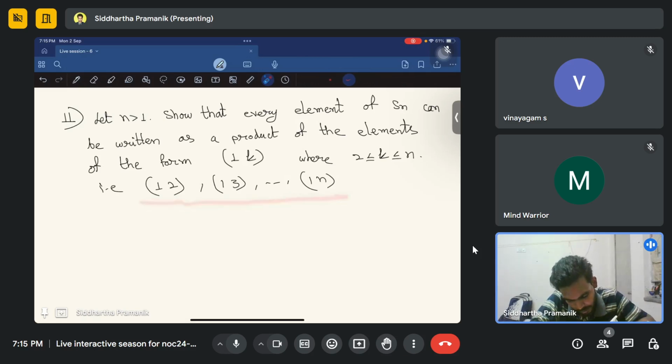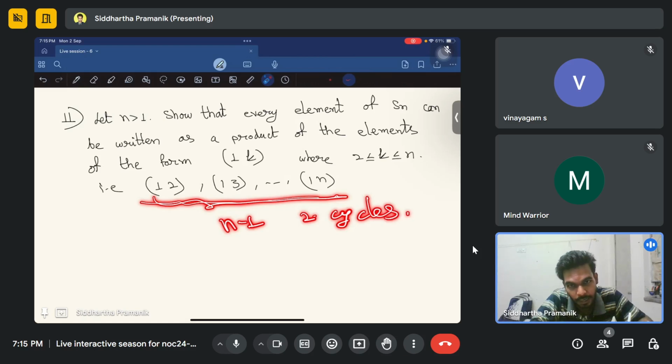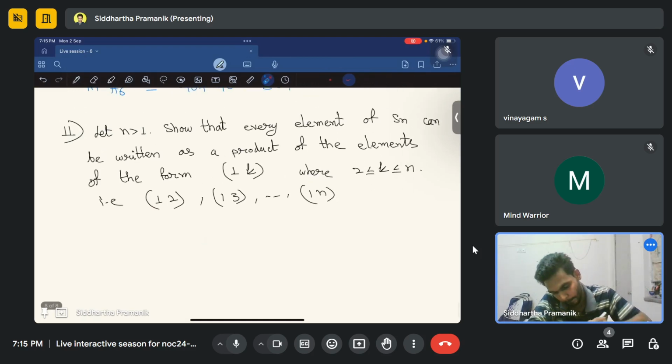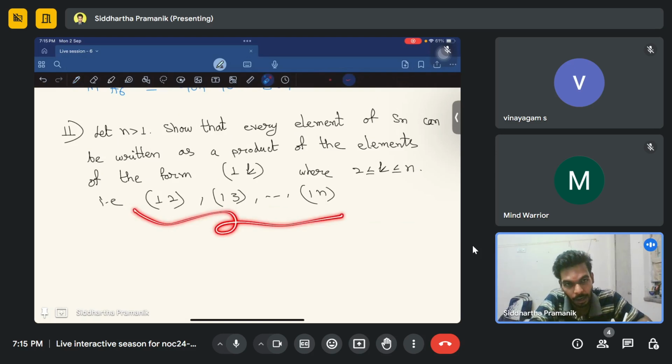So here are n minus 1 two cycles, and the problem is that every element can be written as some product of these two cycles. So that means these elements are generators of Sn, meaning Sn can be generated by this set.